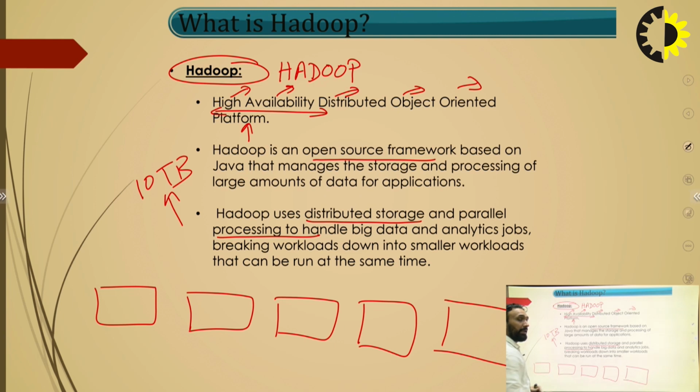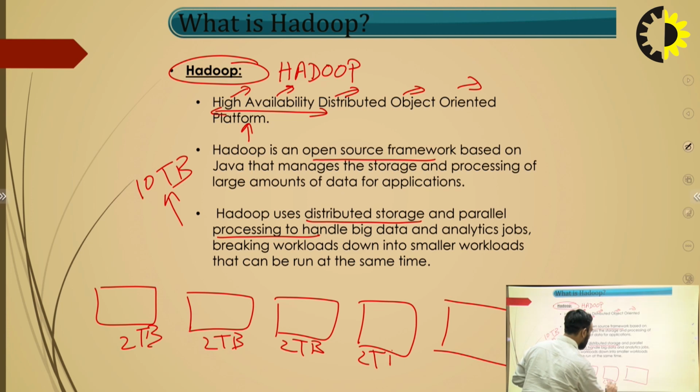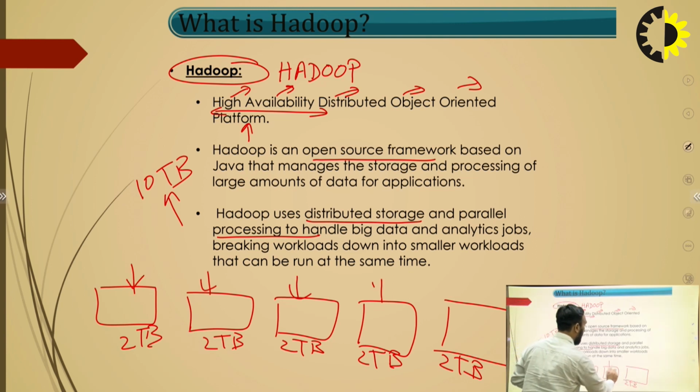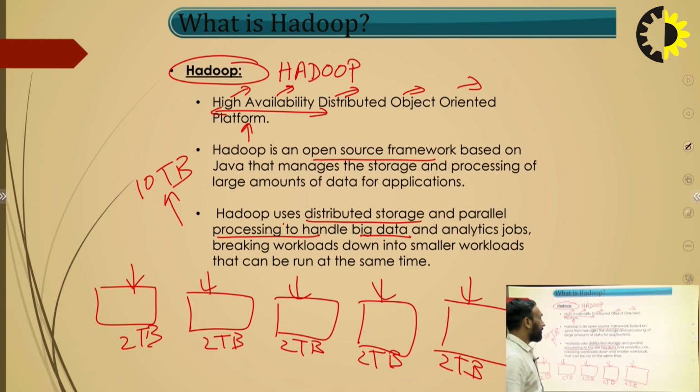So that we can easily and independently process 2 TB here, 2 TB, 2 TB, 2 TB and 2 TB at 5 different cloud locations, and to process this data parallel processing is used to handle big data and analysis jobs, breaking the workload down into smaller workloads that can be run at the same time.